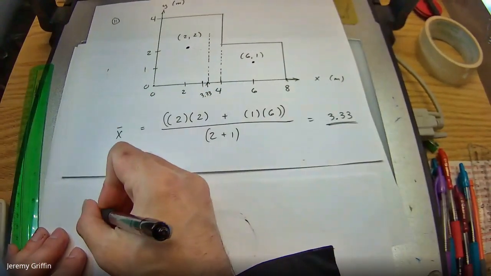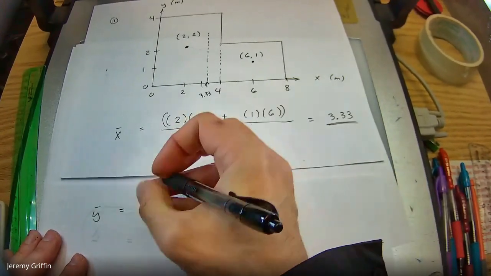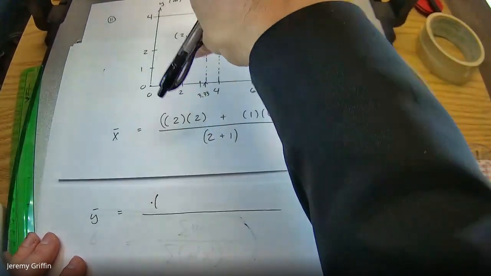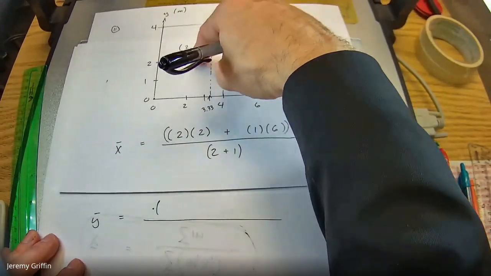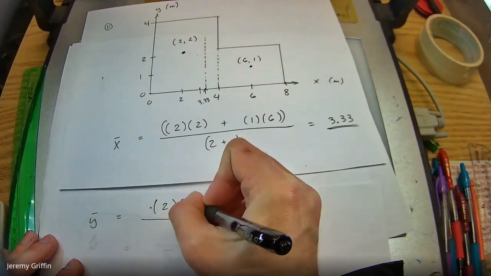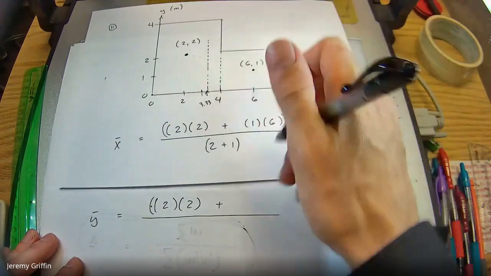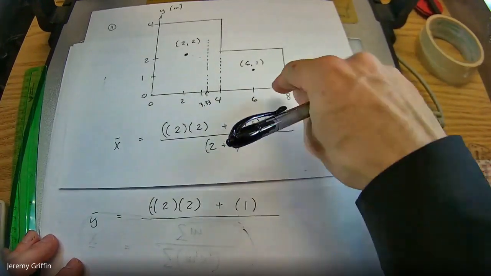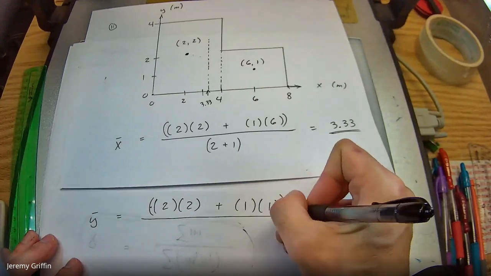Now what about the y coordinate? Similar thought process. Y bar is equal to a big old fraction. We're going to have 2 units of mass times the y bar of 2, so 2 times 2, plus 1 unit of area, mass, times a y bar of only 1 for that individual piece.